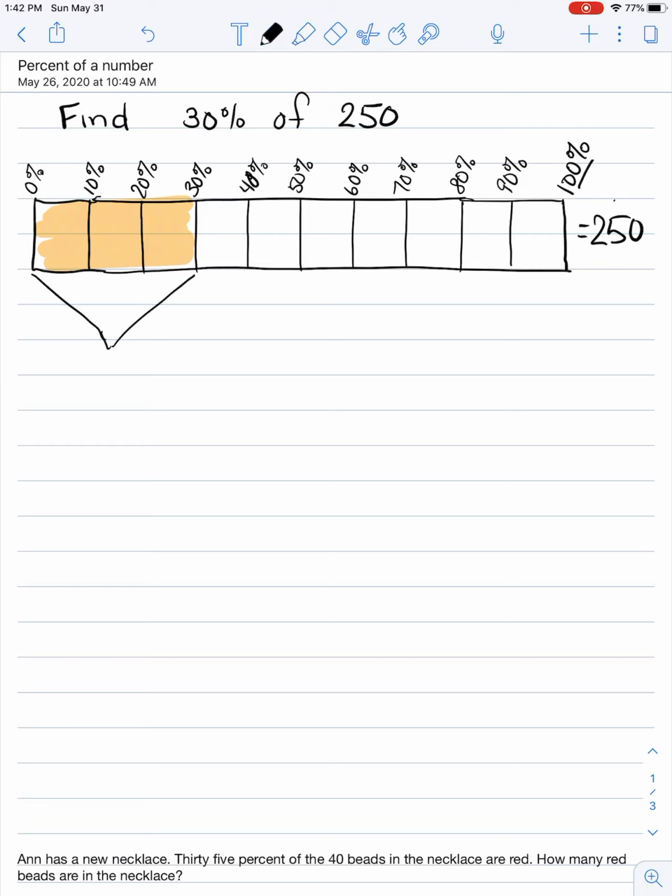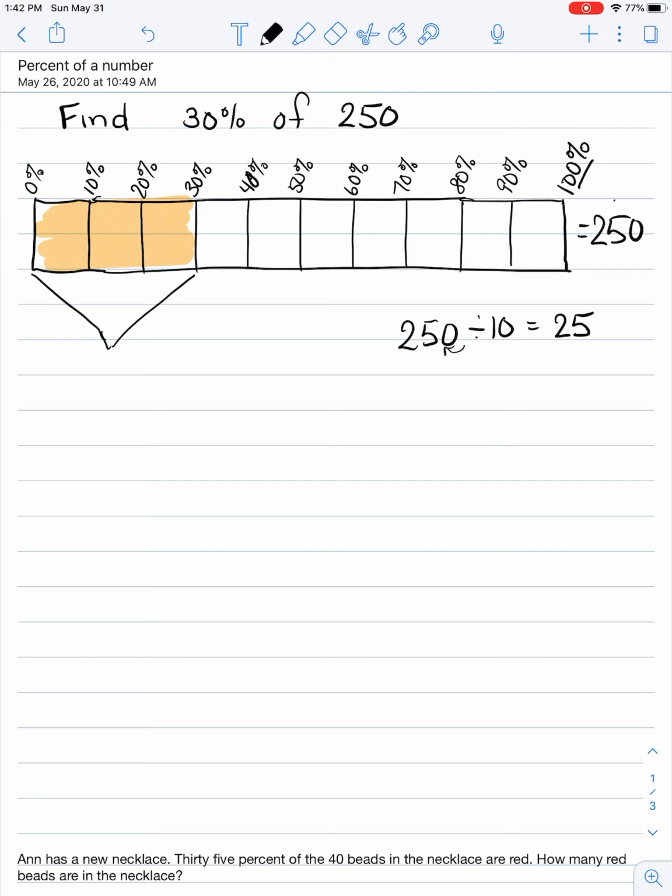Okay, but the important thing is that the reason we use this for percents that are multiples of 10 is because it's easy to make 10 equal parts, because whenever we divide anything by 10, all we're doing is moving the decimal point one place to the left.